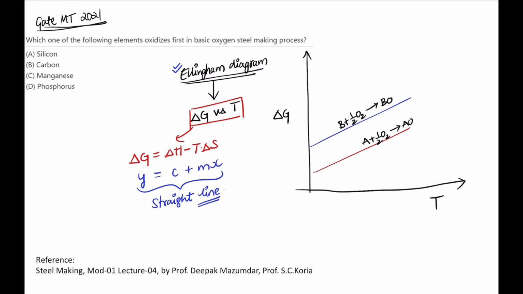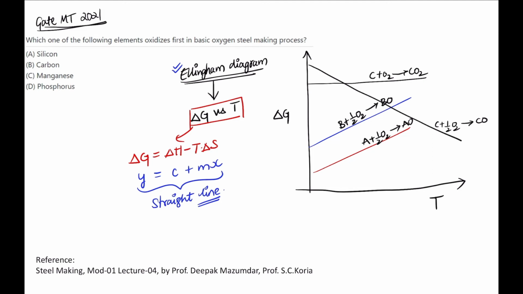Not only that, there are two important lines that you have to remember. One is a horizontal line, which is the formation of CO2, carbon converting to CO2. Similarly, there is one more special line which has a negative slope, which is the formation of CO. These two are very, very important lines.